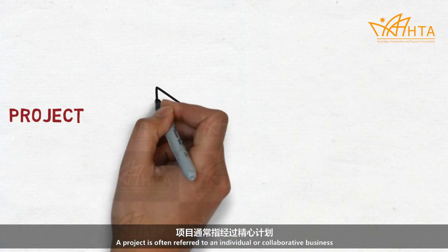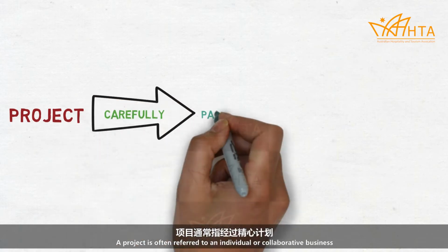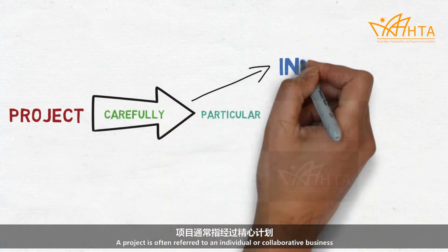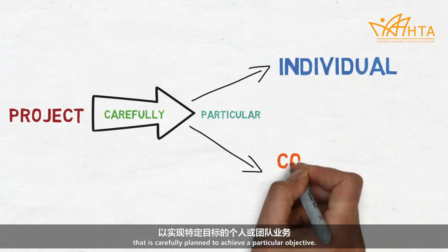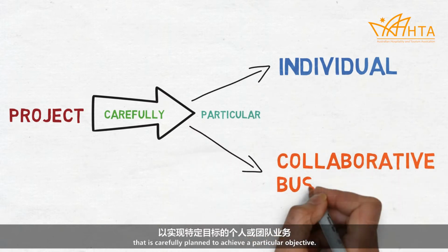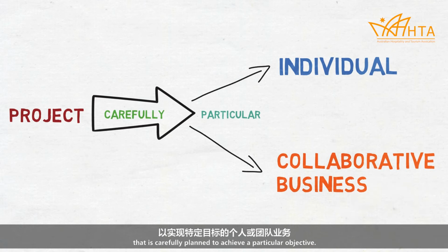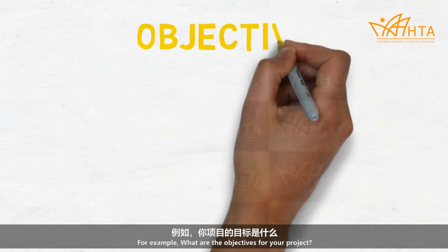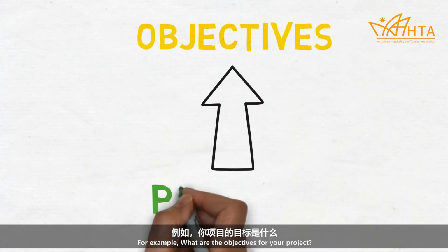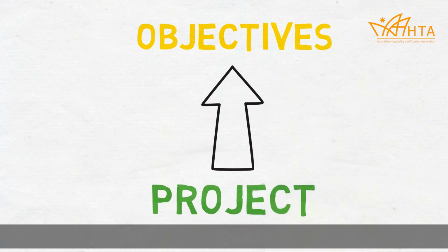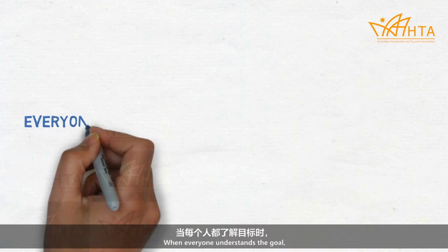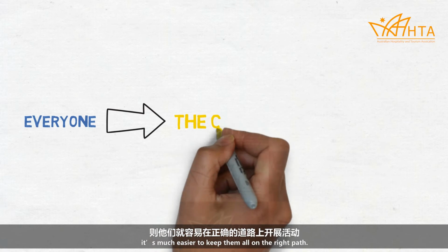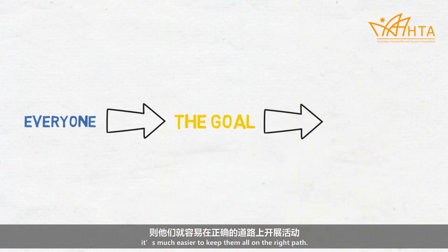A project is often referred to as an individual's or collaborative business that is carefully planned to achieve a particular objective. For example, what are the objectives for your projects? When everyone understands the goal, it is much easier to keep them all on the right path.